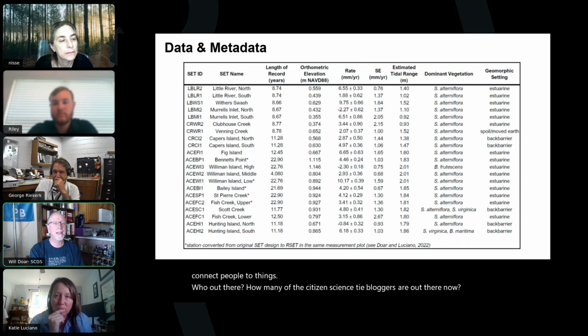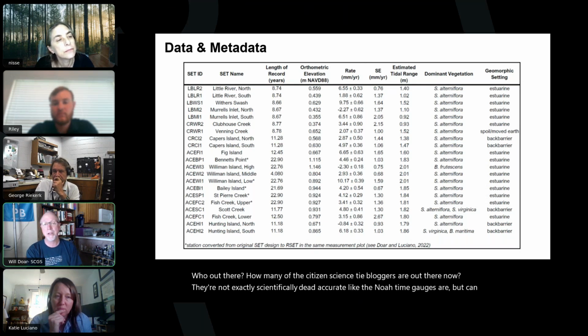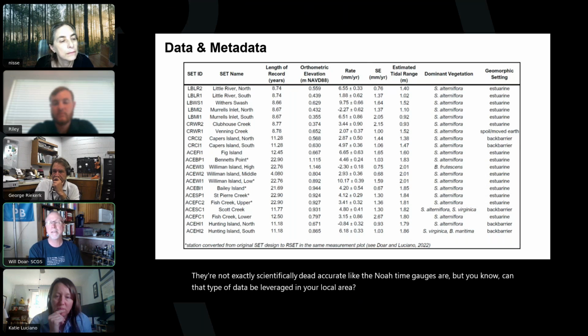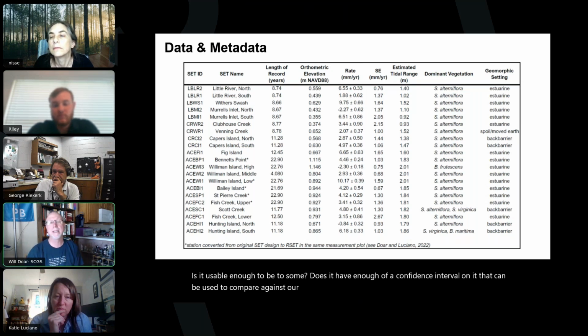They're not exactly scientifically dead accurate like the NOAA tide gauges are, but can that type of data be leveraged in your local area? Does it have enough of a confidence interval that it can be used to compare against our SET data? I guess that's something to think about too.